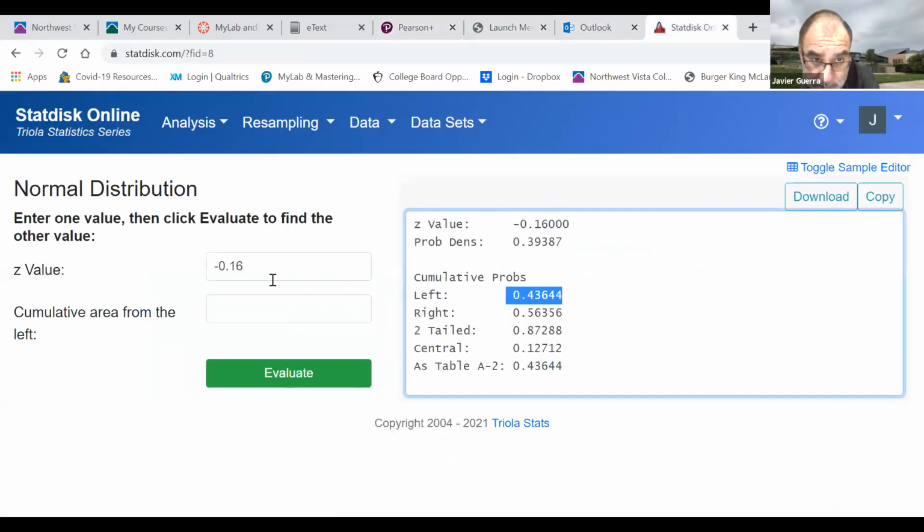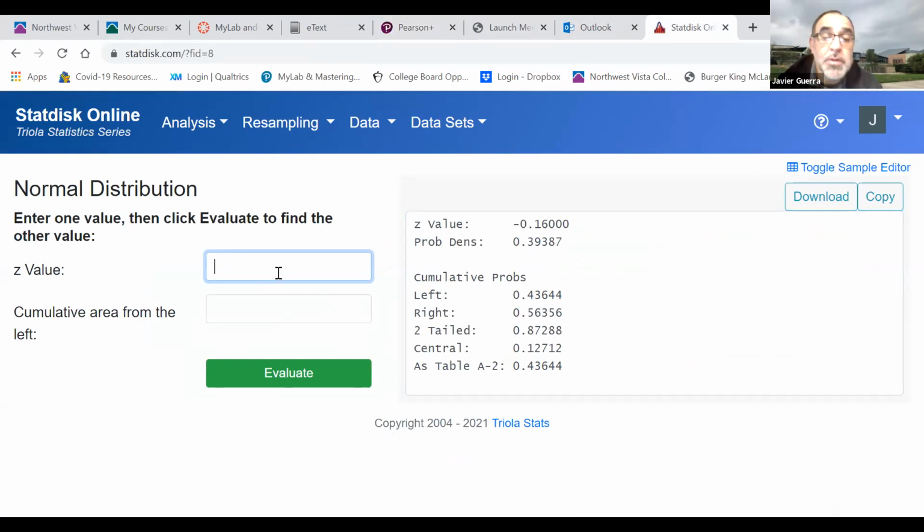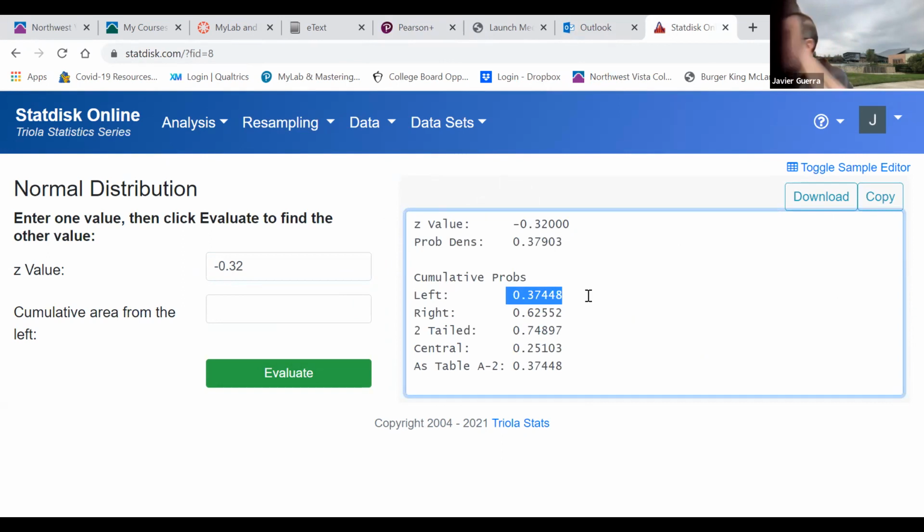Okay, I'm going to put 0.32 positive first. Left area is 0.6255, minus, now I have to put a negative. 0.3745.